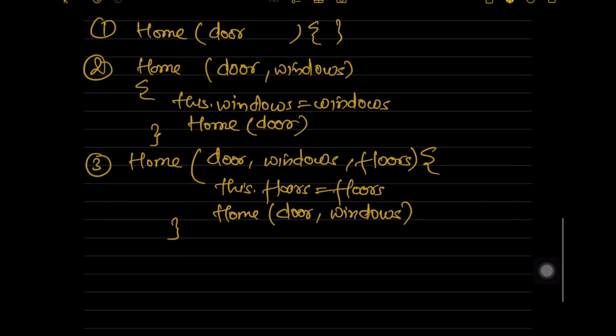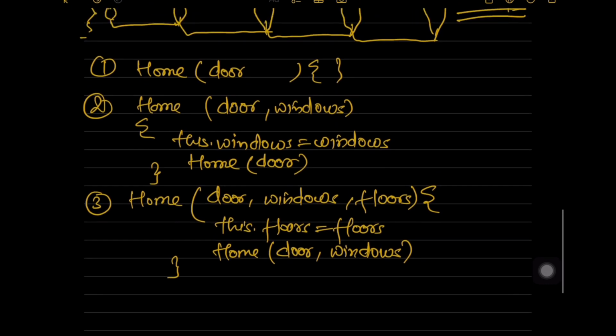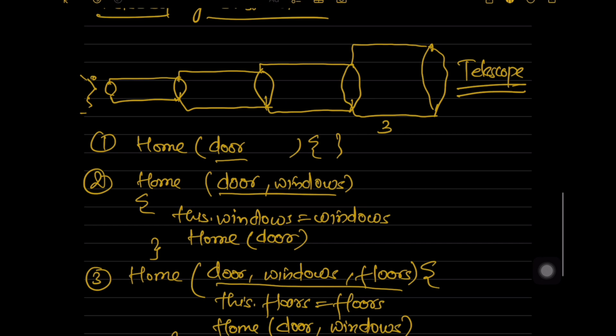I hope you get the idea here. This one has 3 parameters, this has 2 parameters, this has 1 parameter. This is the 3 parameter one, the bigger one, then the 2 parameter, then the 1 parameter, and so on.